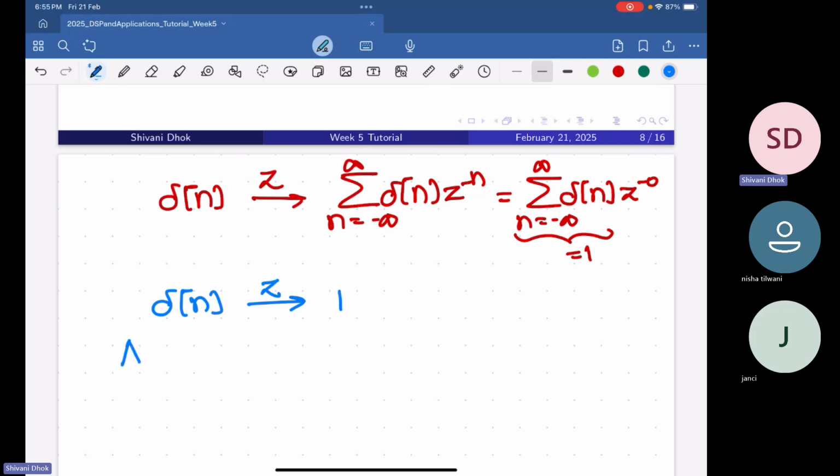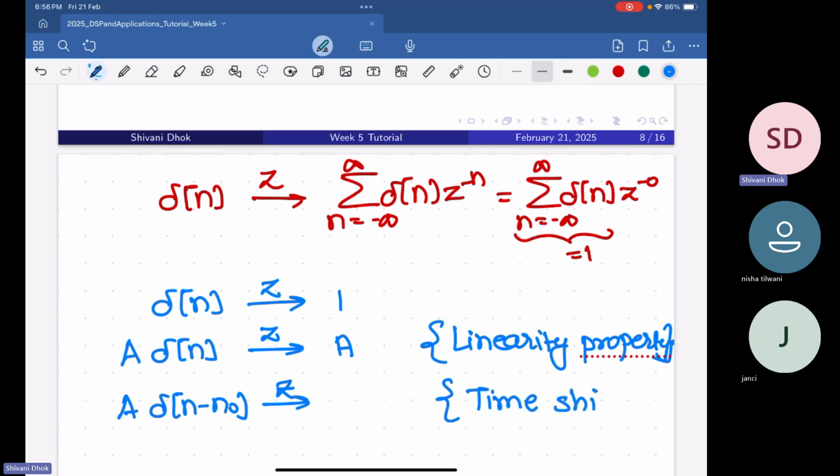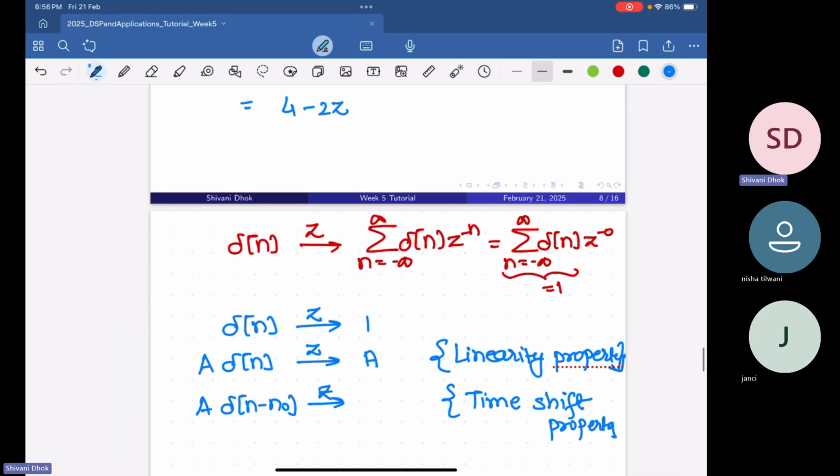Now if I multiply it by a constant value, its z transform will again be a constant, and this is coming from the linearity property. And if I shift it by this, for this we will use the time shift property. And what does the time shift property say?